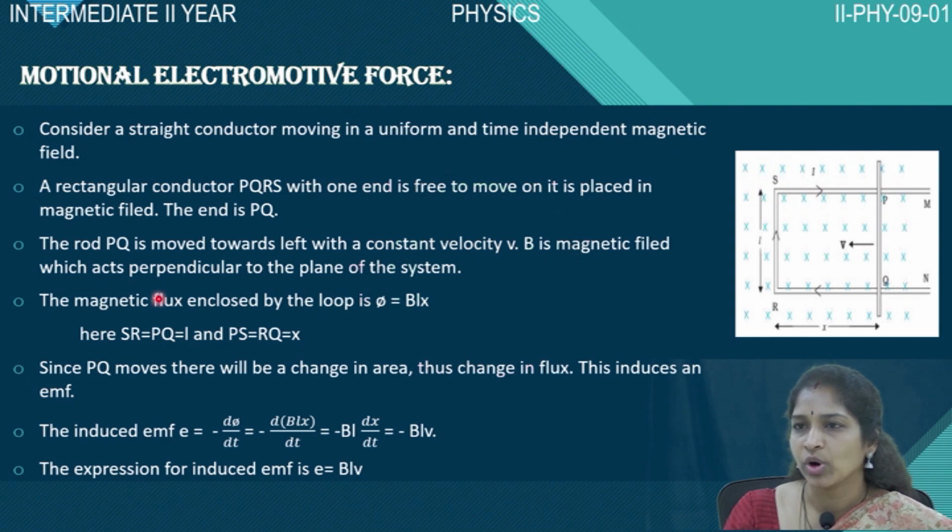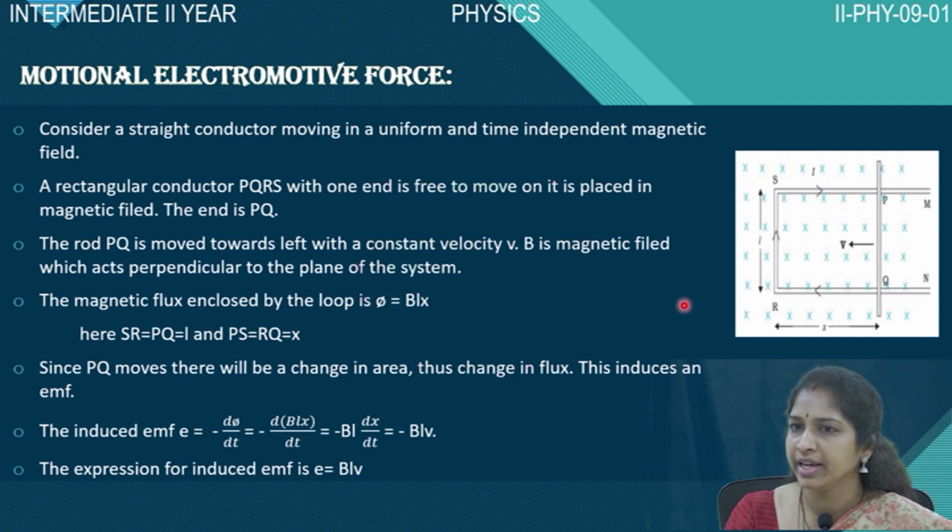So first, what is the flux? When the movable conductor PQ is here, the area is L into X. The maximum flux is B into A, so B into LX. So the flux is BLX.